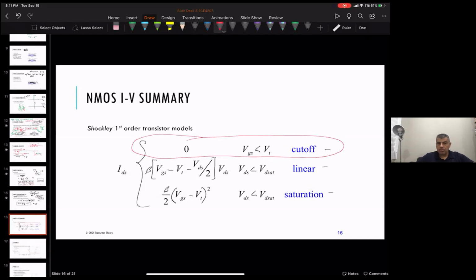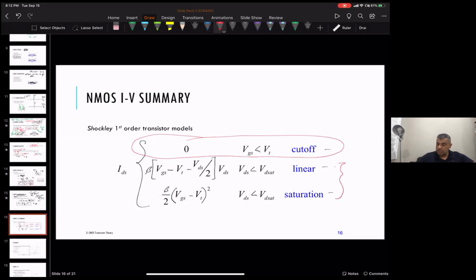After the gate source voltage gets past the threshold voltage, you turn on. Now it depends on the relationship between the drain source voltage and the gate source voltage.